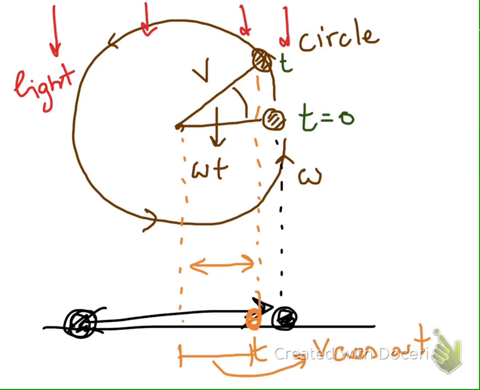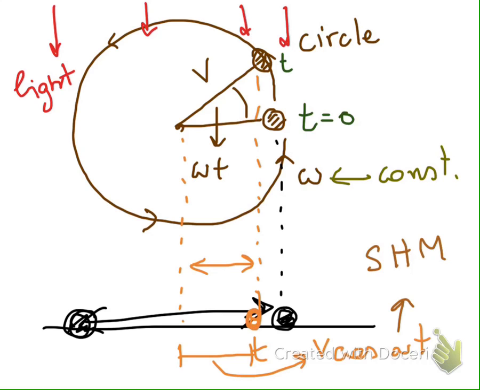So it means that if you rotate the object with a constant angular velocity, the shadow will vibrate or oscillate as, can you remember this?